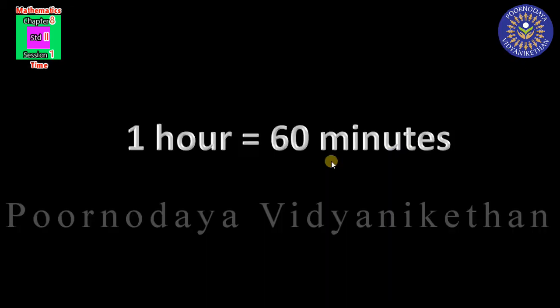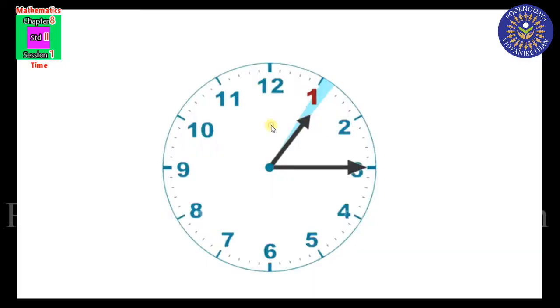So, 1 hour is equal to 60 minutes. This you have to learn. 1 hour means 60 minutes. Clear? See here. We calculate the minutes by multiplying the number at the marking by 5.